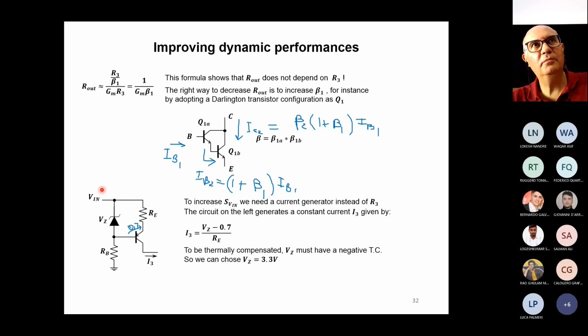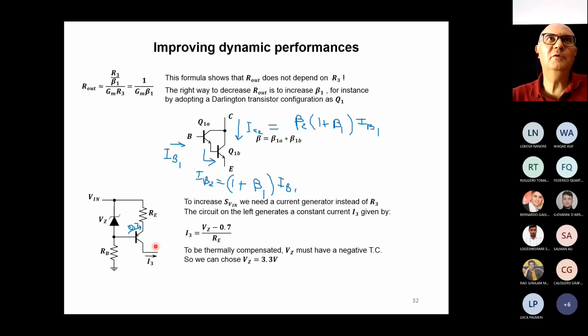So if there is some ripple in the input voltage, and we suppose that more or less the Zener diode doesn't change its current and its voltage, the current I3 is not sensitive to the input ripple voltage. It's a constant current, so we are not transmitting a ripple down here.